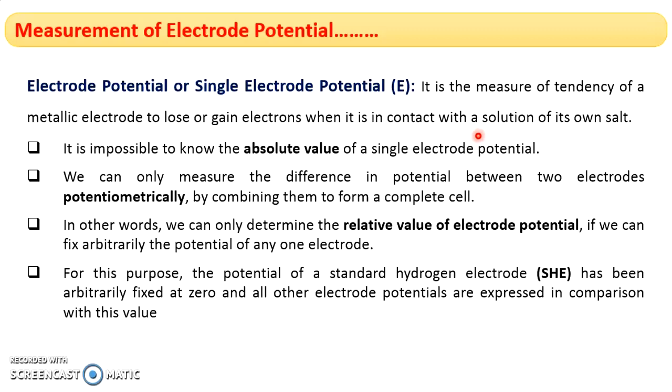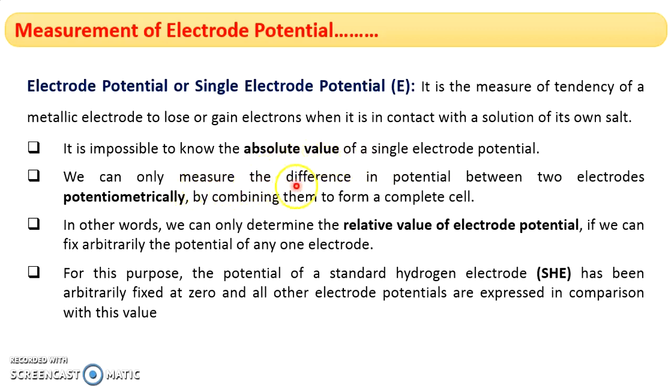The measure of that losing or gaining tendency is known as the electrode potential or single electrode potential E. Regarding its measurement, it is impossible for us to find the absolute value of the electrode potential.